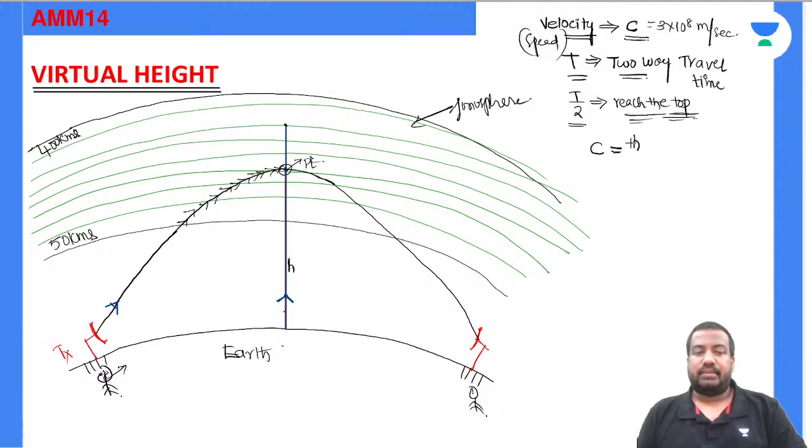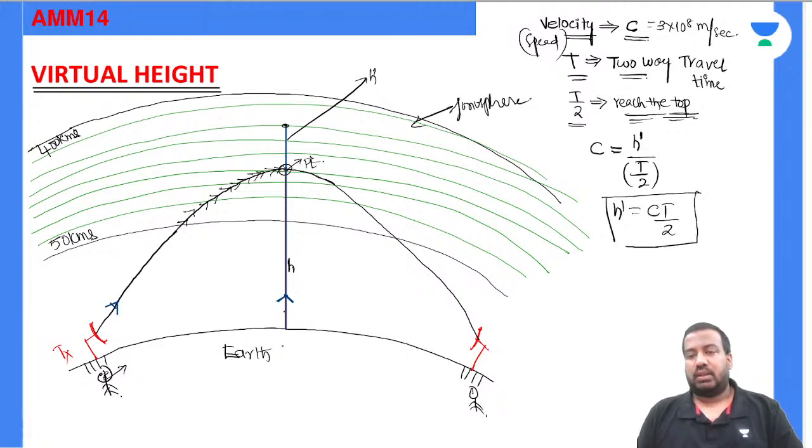This is the actual height h. This distance is now h prime, the virtual height, distance traveled by time t by 2. So virtual height is c into t by 2. This is the formula to calculate virtual height.